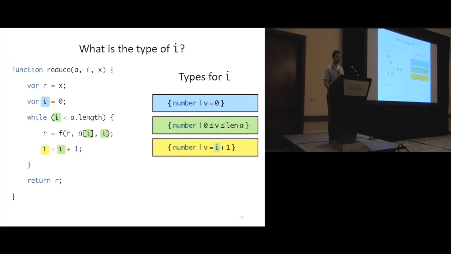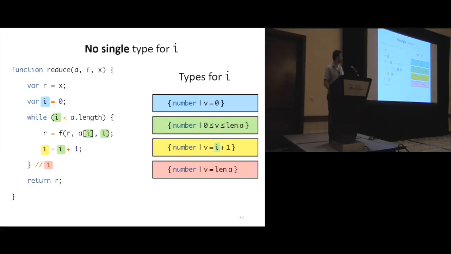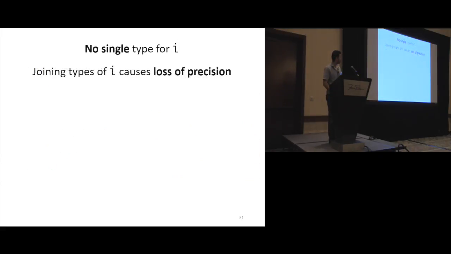And then right before the loop body ends, it gets expected to be equal to the length of a single precise type of the that we can assign to I. So far, in a single type, different versions of I.